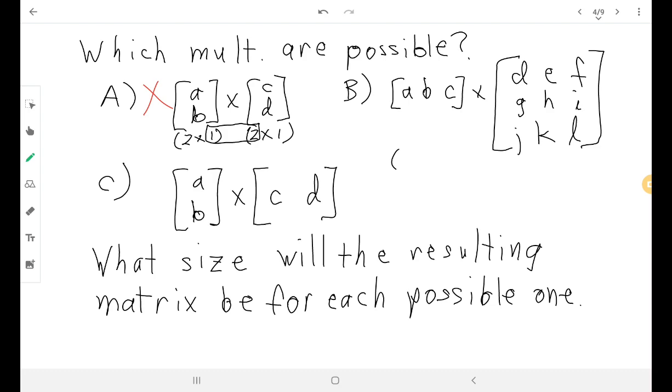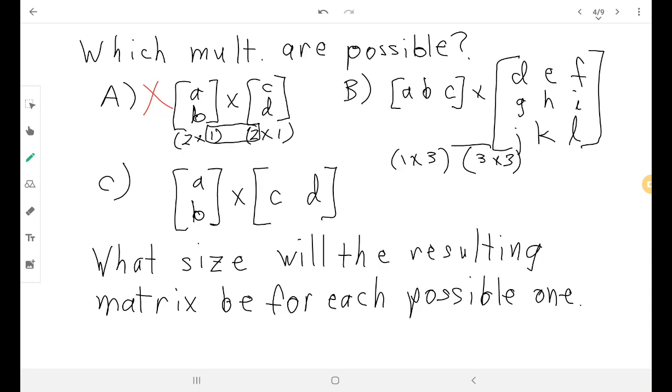So this is a 1 by 3 matrix. And then the other one has 1, 2, 3 rows, so it is a 3 by something. And then it's got 1, 2, 3 columns. So it is a 3 by 3 matrix.